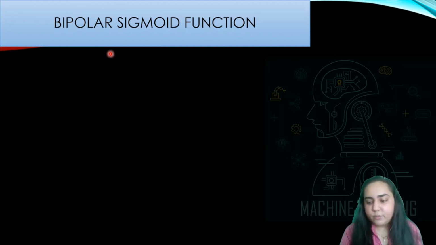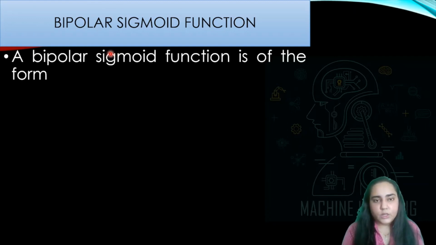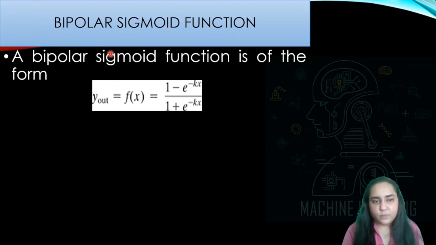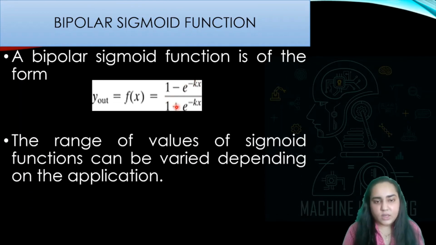Let's now talk about the bipolar sigmoid function. It is of this form: f(x) equal to 1 minus e raised to minus kx upon 1 plus e raised to minus kx. And the range of values of sigmoid functions can once again be varied depending on the application that you have.